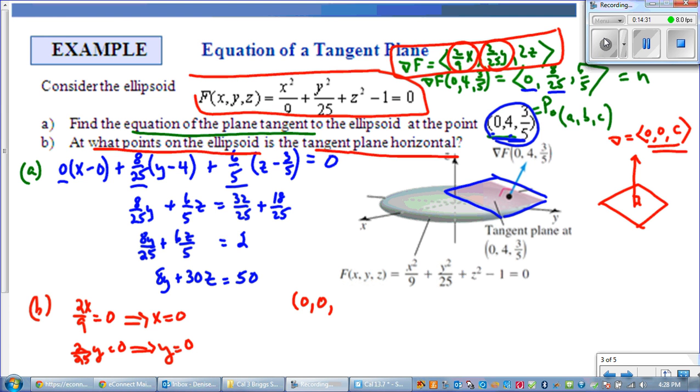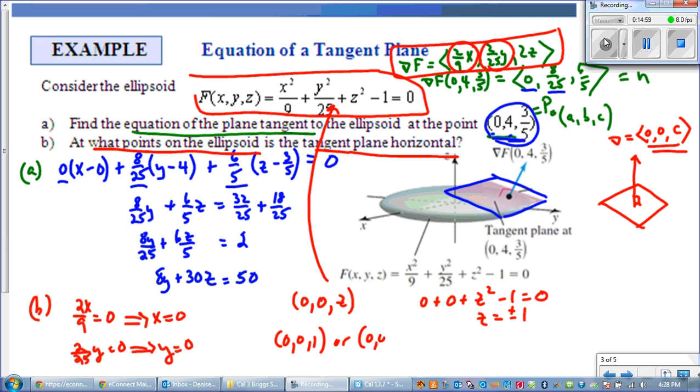So now what would that z value be? Well, let's find it by evaluating the equation. If you put 0 and 0 for x and y, you'll have 0 plus z squared minus 1 equal to 0, which means that z is either positive or negative 1. So the points on the ellipsoid where the tangent plane is horizontal will be (0, 0, 1) or (0, 0, -1).